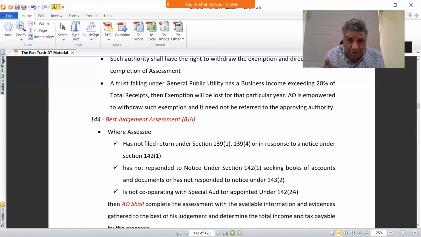For a research institution or association or scientific research bodies, check whether the conditions upon which you gave the exemption are fulfilled. If the conditions are fulfilled, fine. If the conditions are not fulfilled, intimate it to the CBDT, which will withdraw and then give you the order to pass the assessment.